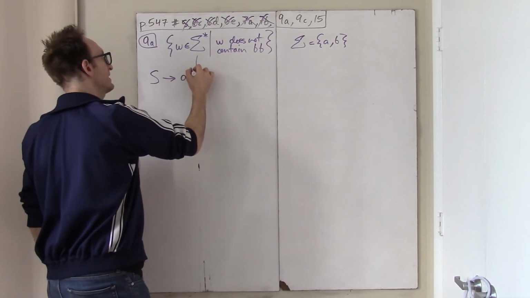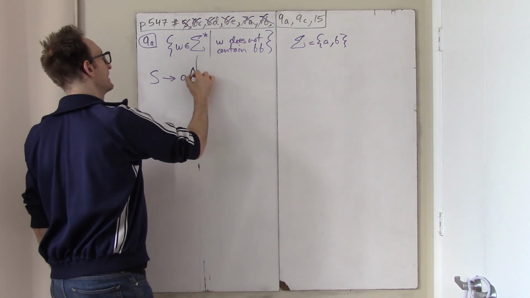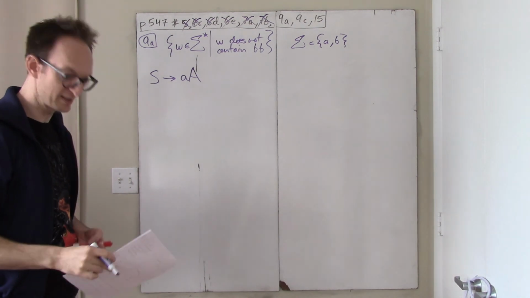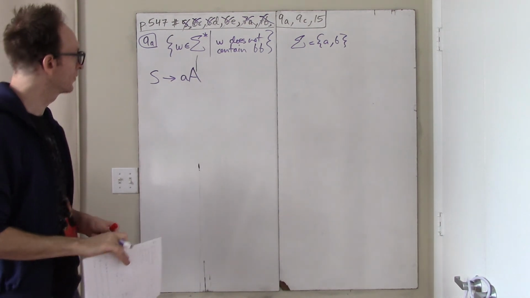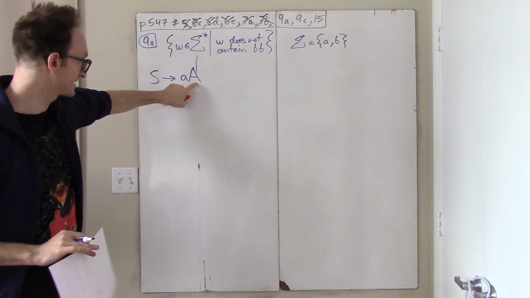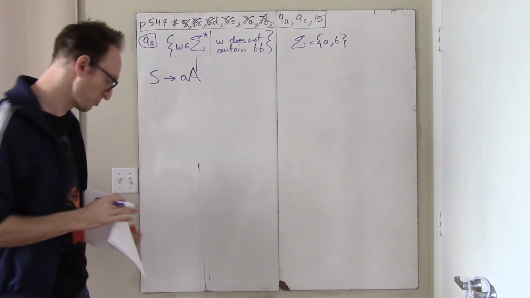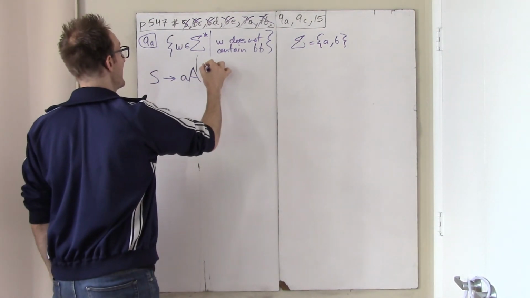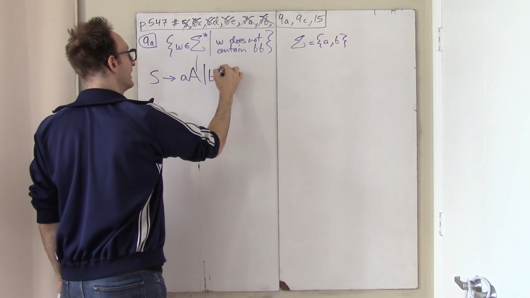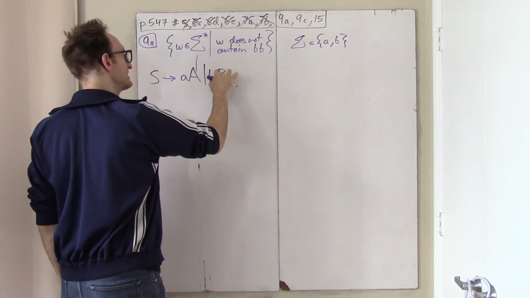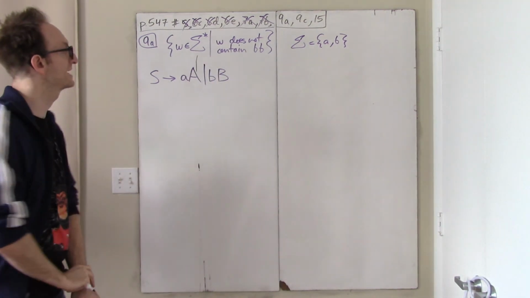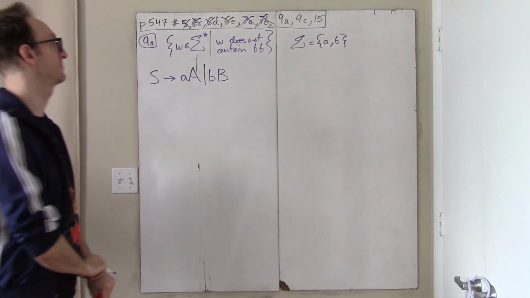So let me create a new non-terminal in my mind, big A, which captures semantically the idea that I just did an A. And the other option is that I come right out of the gate with a B, and then I create a new non-terminal, big B, which I intend to capture the idea that I just made a B.